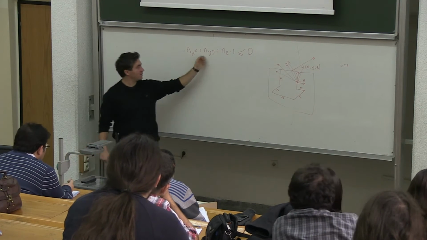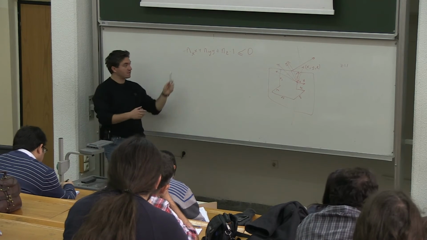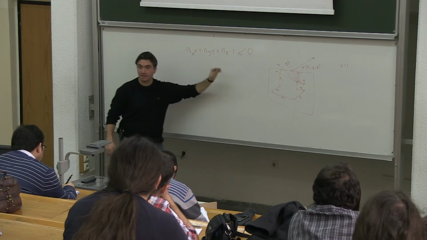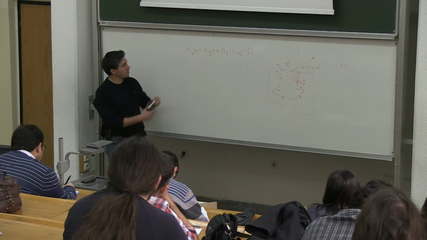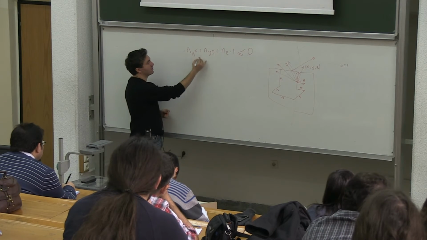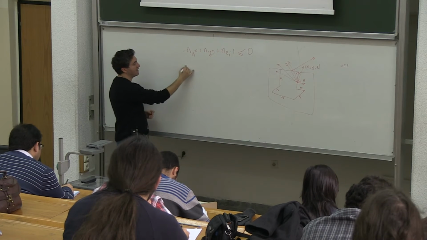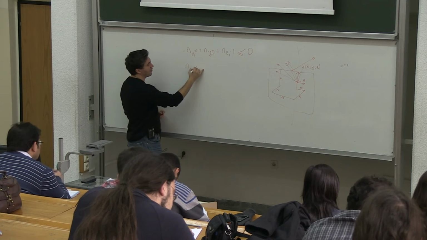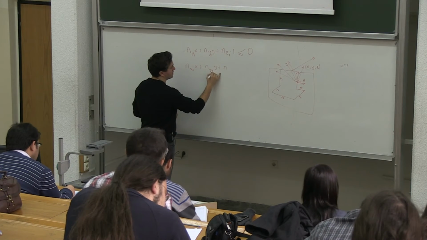Since all these normals are known, and this is for one face, if we have 6 faces, we are going to have 6 such constraints. This is the normal of one face; the normal of the other face is going to give us another constraint.